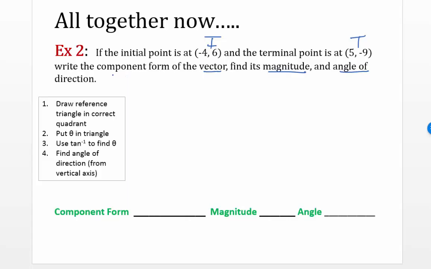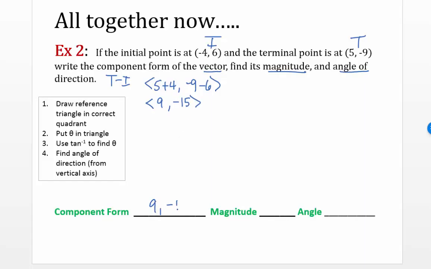So component form of the vector, remember, it's always terminal minus initial. Terminal is 5 minus the initial, so minus a negative means +4, that's 9. Terminal is -9 minus 6, so that would be -15.